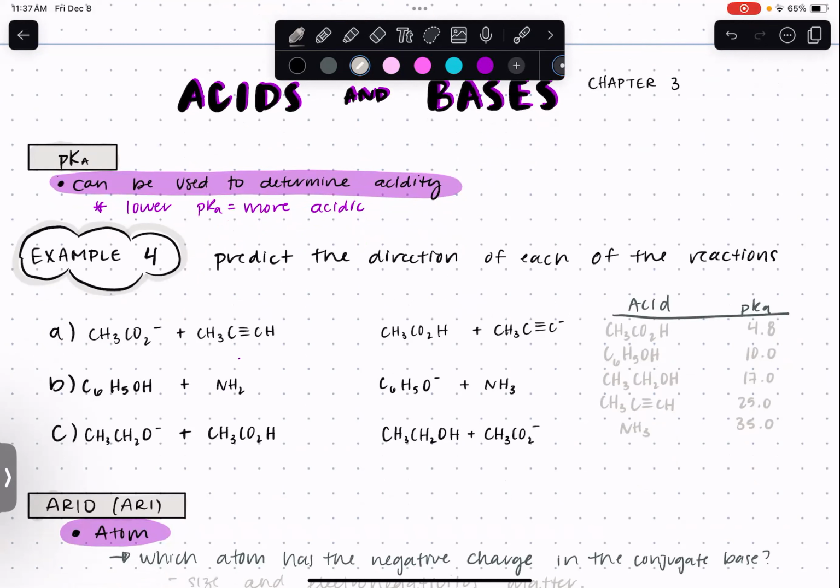So what we're gonna do is look at our acids. This is considered our acid on this side. This is our acid on this one. This is it on this one. And the way that we can tell is that acids are not going to have negative charges on them. They're either going to have a positive charge or they're going to be neutral.